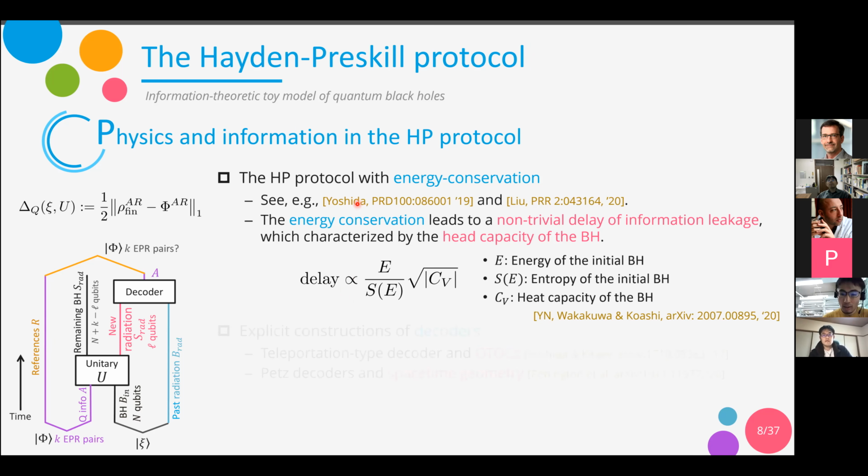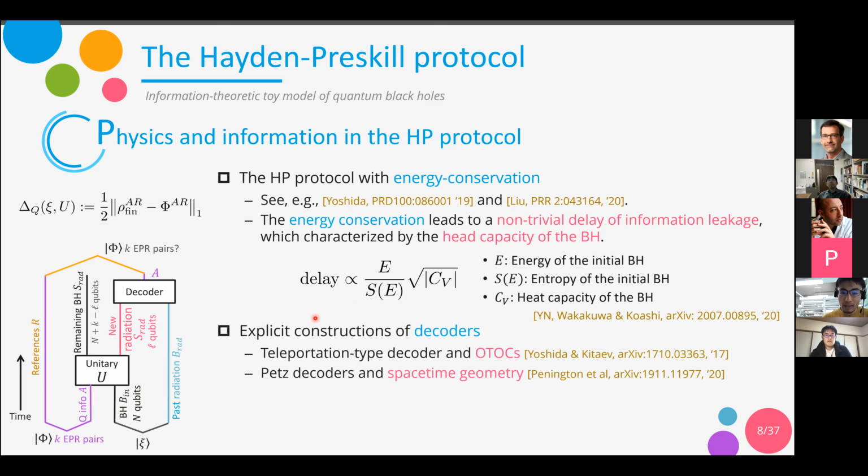And there's another direction of extending the protocol. So these people also addressed how to explicitly construct decoders. In the original analysis, the decoder of this protocol was very implicit, because the original argument was based on the so-called decoupling argument, and the decoder is sort of implicit in that argument. So these people constructed the decoder explicitly.